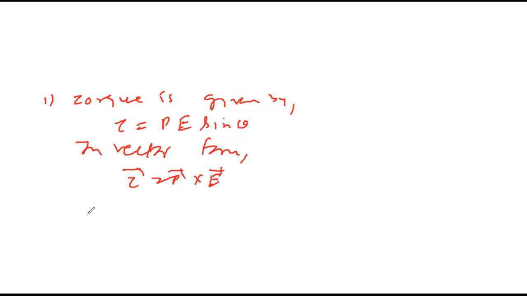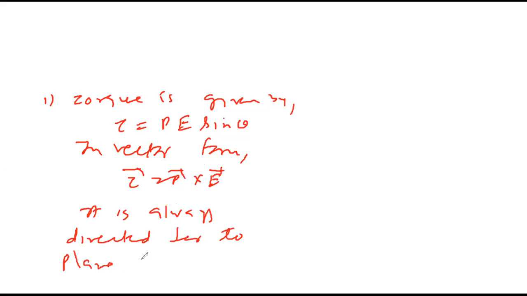They want the direction. It is always directed perpendicular to the plane containing P bar, E bar. Then if they want the condition for equilibrium, theta is 0, stable equilibrium.